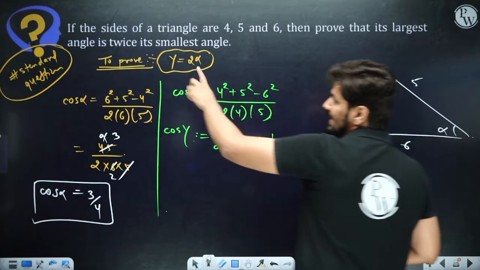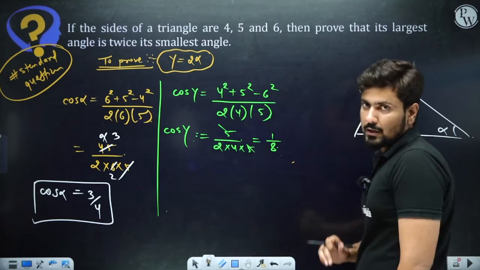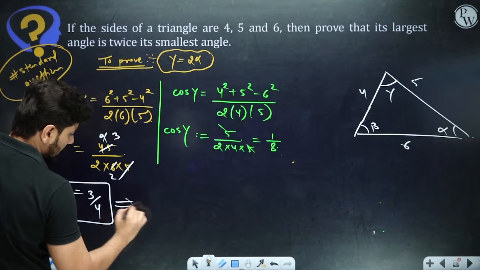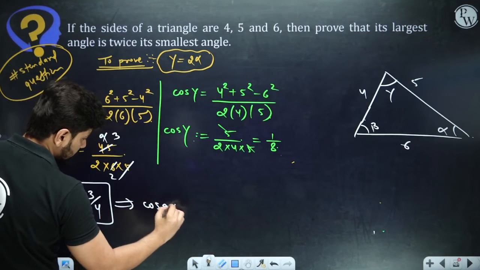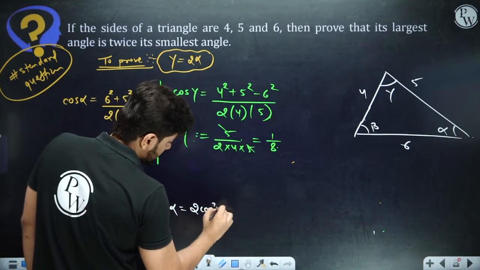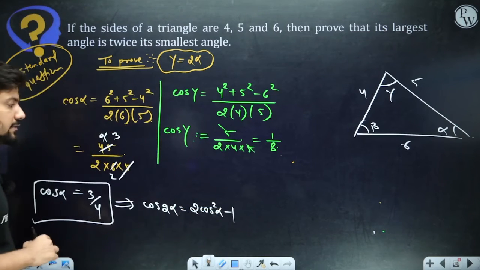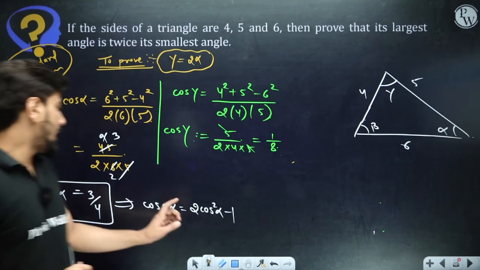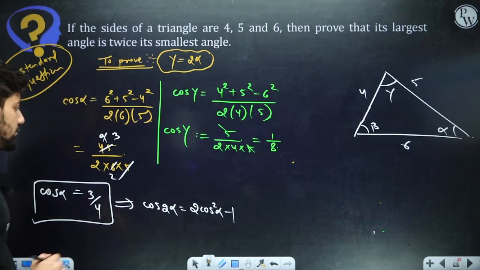We have to prove that gamma is 2 times the angle alpha. So if this is cos alpha, I can for sure say that cos 2 alpha will be equal to 2 cos square alpha minus 1. Now we have the value of cos alpha as 3 by 4.